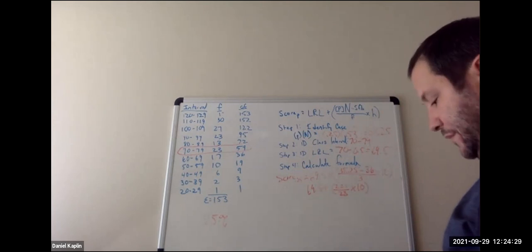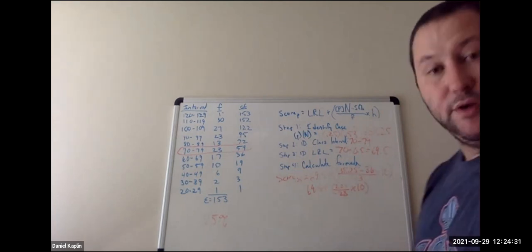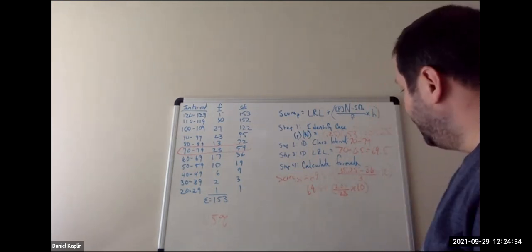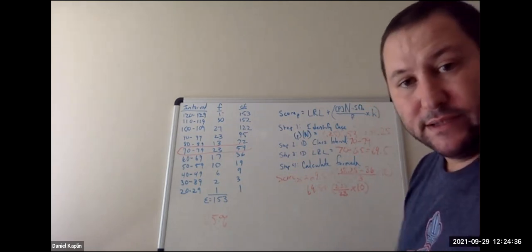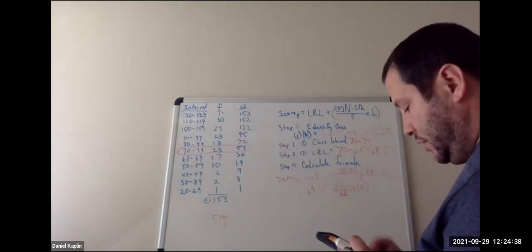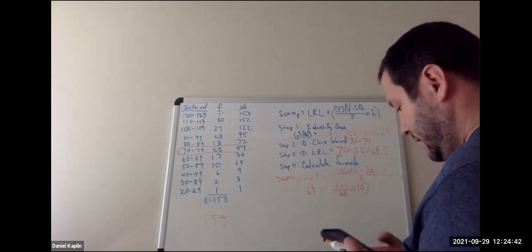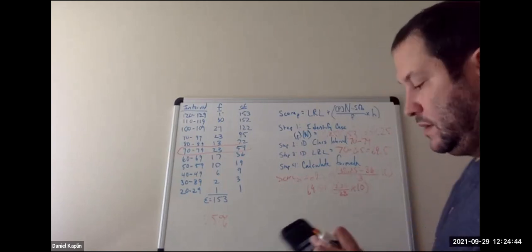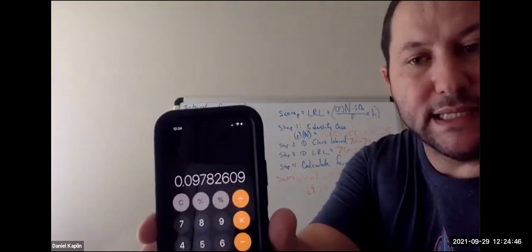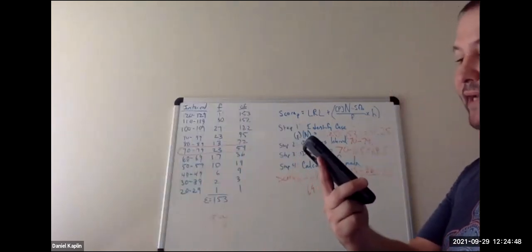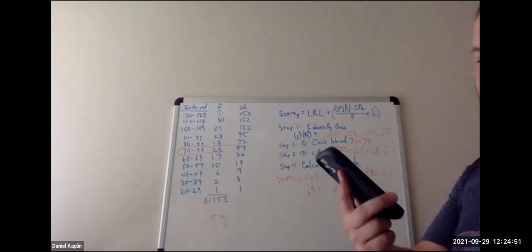I can't do 2.25 divided by 23 in my head, so I'm going to use my calculator again. 2.25 divided by 23 gives me 0.0978.